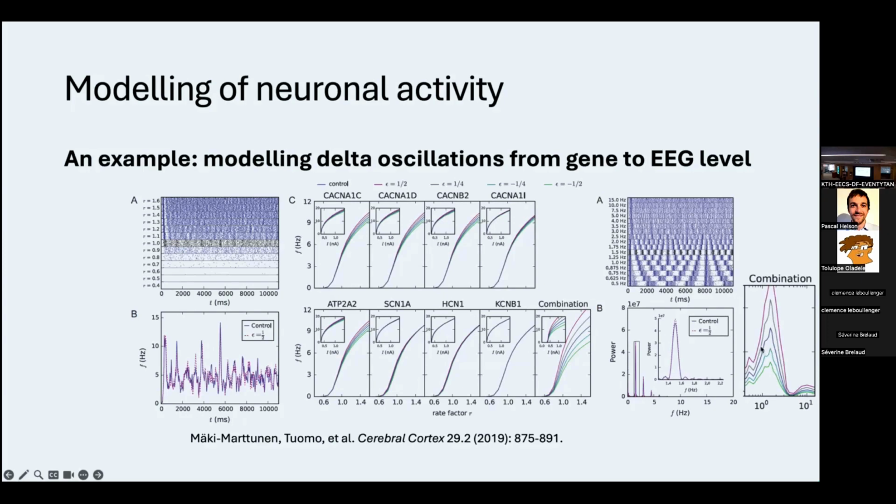And we found that this network of layer 5 pyramidal cells quite strongly resonates to delta frequency inputs, and these genetic variants that we introduced, at least in absolute terms, most strongly affected this.